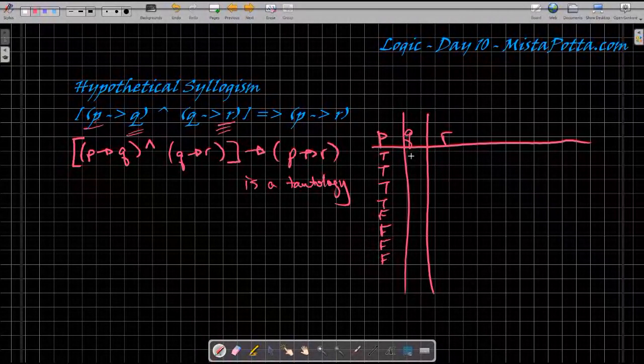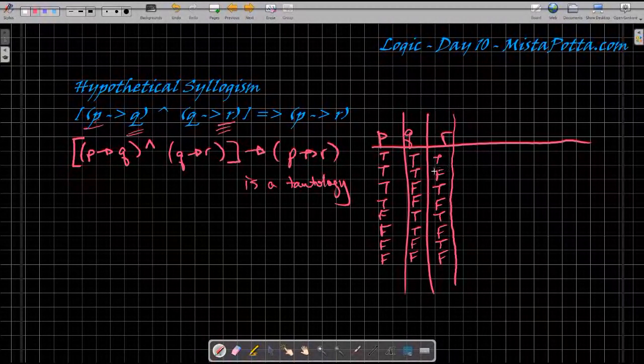Half of 4 is 2. And half of 2 is 1. And so this gets the start of our truth table down.